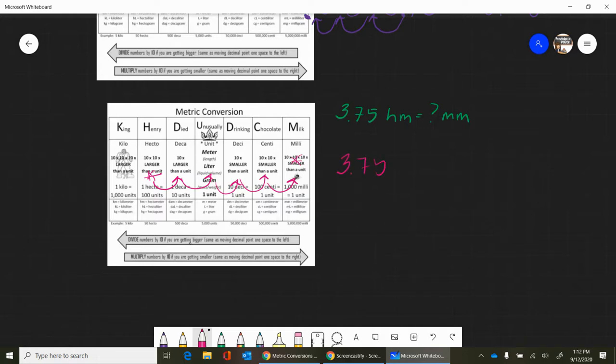So this was my original number, and I'm going to move it 1, 2, 3, 4, 5 spaces to the left. Anything that has an empty spot is going to get a 0, and my units are wherever I landed, so that's millimeters. If I were to write this again, I could just leave a space with the 0 so I could read it a little bit easier, but it's 375,000 millimeters.